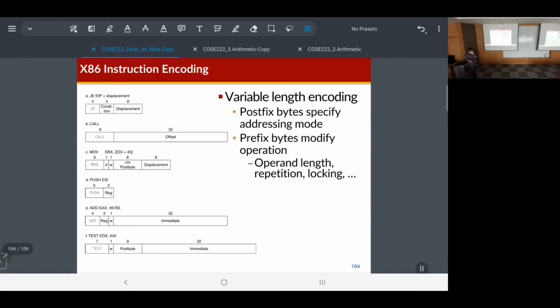In chapter 2, we learned that the size of instructions in RISC-V is 32 bits, but as you can see, x86 instructions have variable length, so it is very difficult to decode x86 instructions.